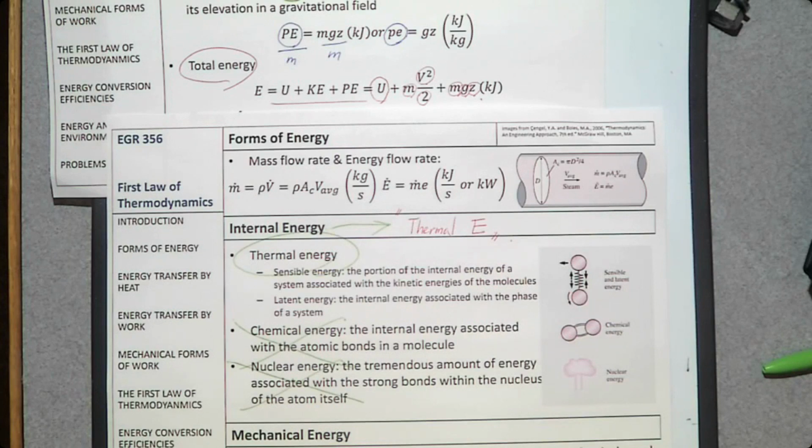But once the coffee reaches its boiling temperature, any heat transfer into the coffee is not going to increase its temperature. Instead, it's going to evaporate the coffee, right? The energy associated with phase change from liquid to vapor or solid to liquid, or the other way, is called latent energy. So when we say thermal energy, there are two types: sensible energy and latent energy. Okay?